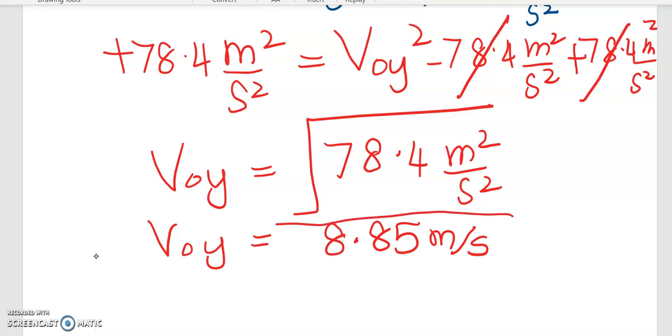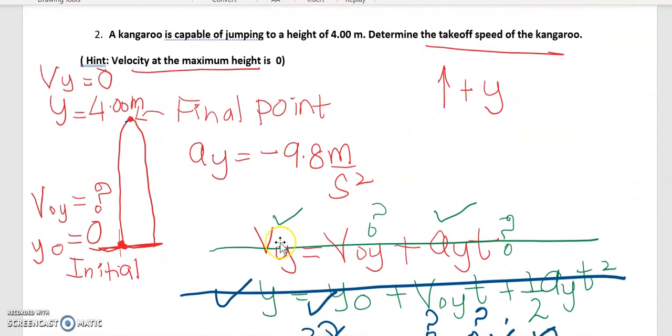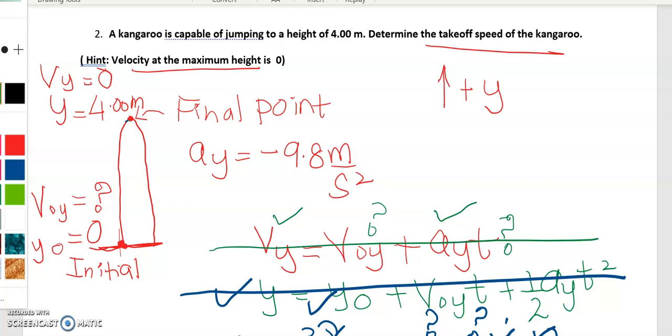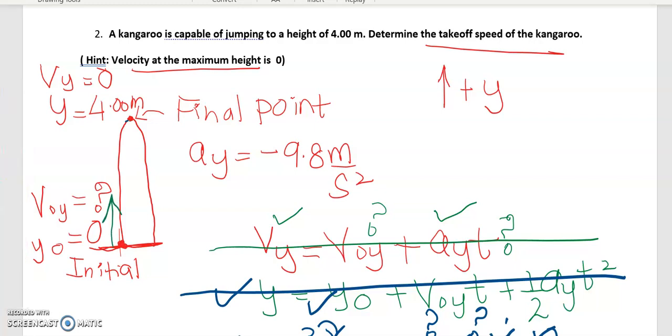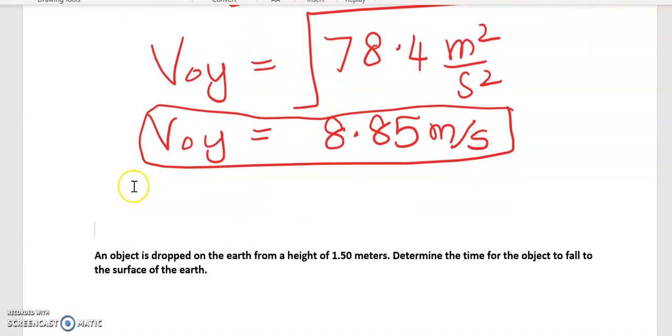I'm going to accept the positive value because if you look at the initial velocity, it's going up. The kangaroo is initially going up, so it has the initial velocity that is pointed upwards. Okay. Alrighty, so that's question number 2.